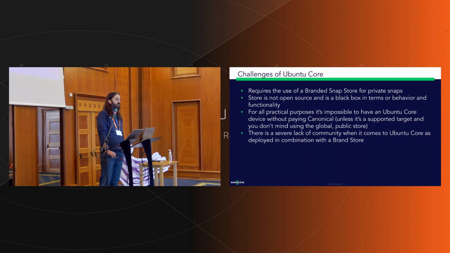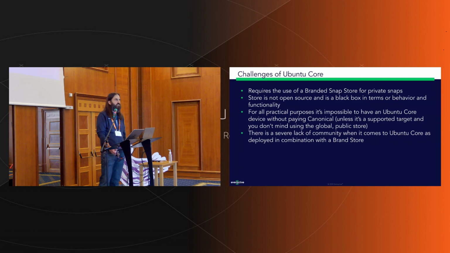But the store is not open source, and it's not just a philosophical question about whether the store should be open source or not. It's that it also prevents a lot of self-service. So in the development of our Ubuntu Core devices and applications, I answered a lot of questions for myself and the team just by reading Snapd source code, which is awesome. And if you haven't looked at the testing that goes into Snapd using Spread, you should definitely check that out because it's quite thorough.